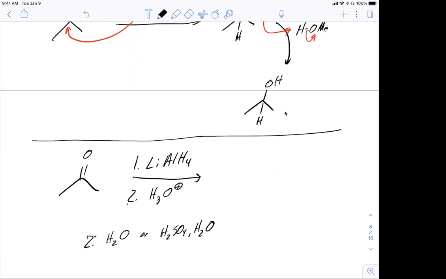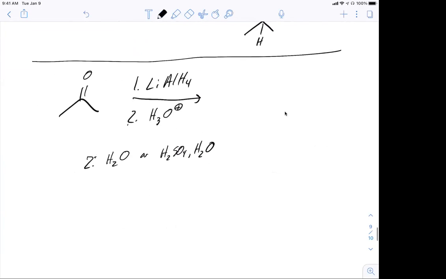With lithium aluminum hydride, the lithium aluminum hydride will react with water.